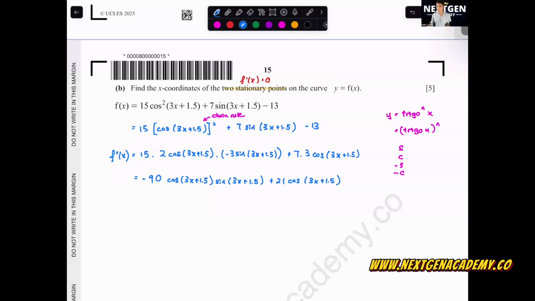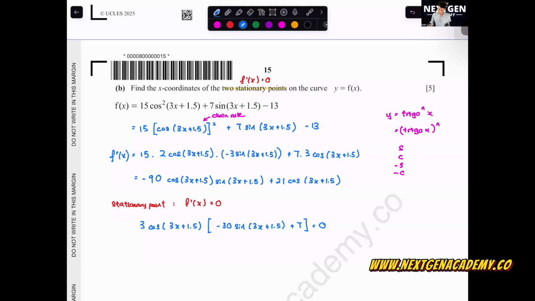Since this one is stationary point, we're going to put f prime x equals to 0. Stationary point is f prime x equals to 0. We solve for this. This one we can factorize. This will be 3 cos 3x plus 1.5, and here will be minus 30 sine 3x plus 1.5 plus 7 equals to 0.